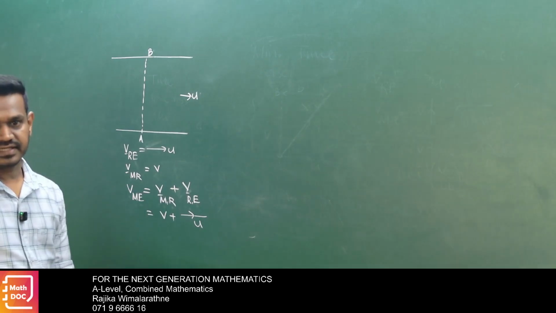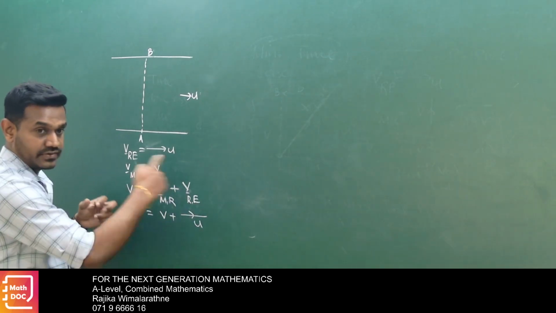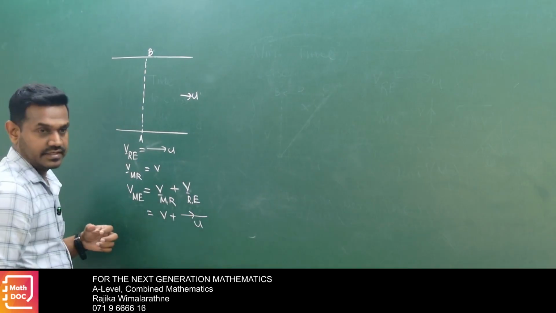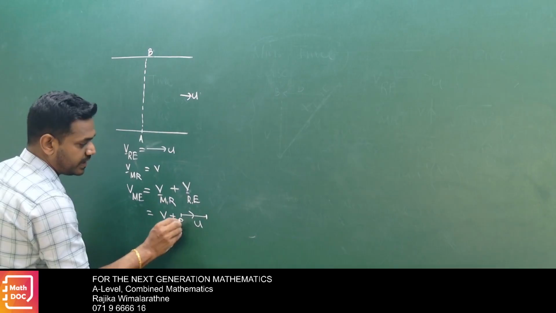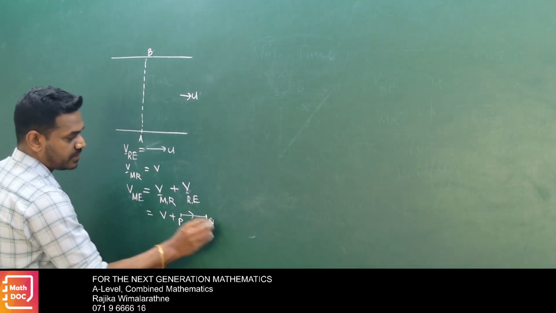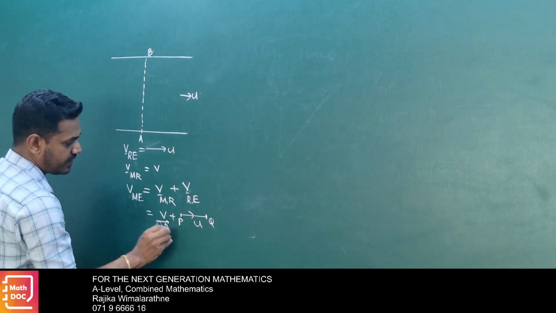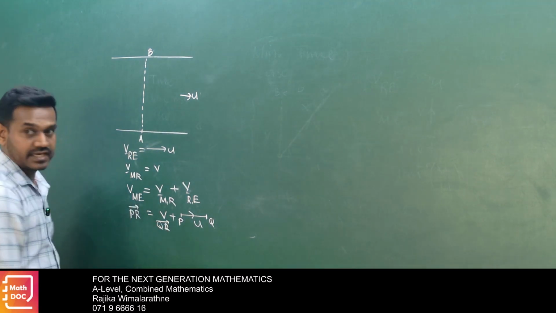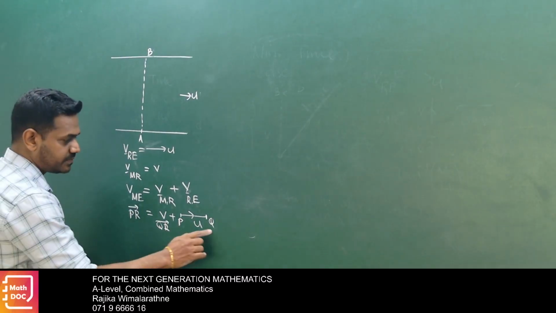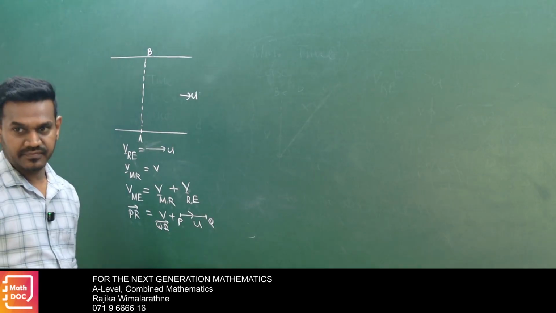That is the data set. Now we know this is a vector triangle. First you put PQ vector, then QR vector, then the resultant PR. You have to take them.